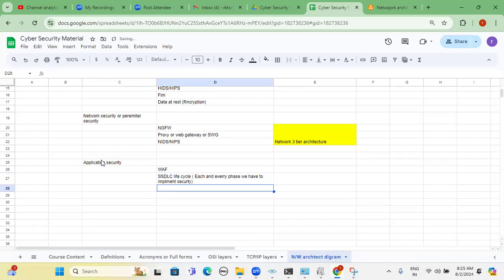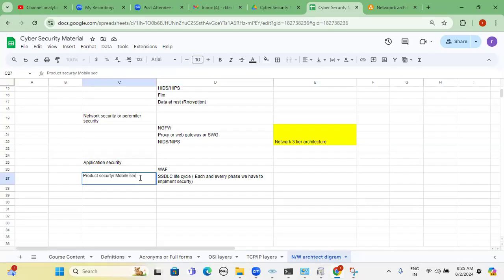The same concept is applicable to product security. A product additionally has infrastructure or raw material. In a similar way, this concept is applicable to mobile security.